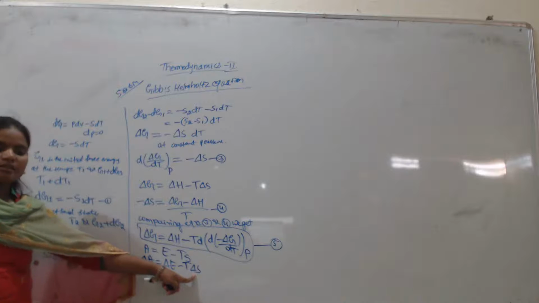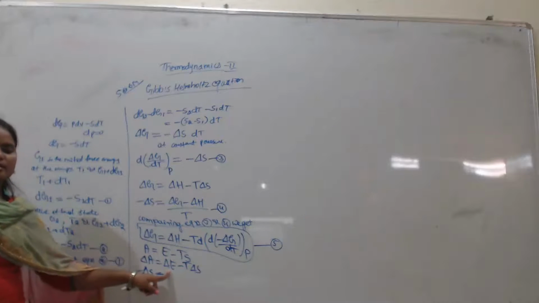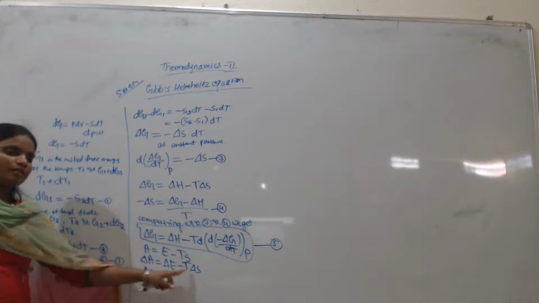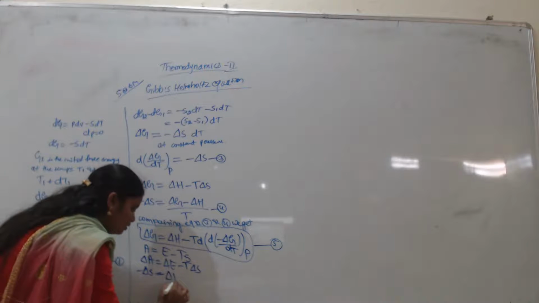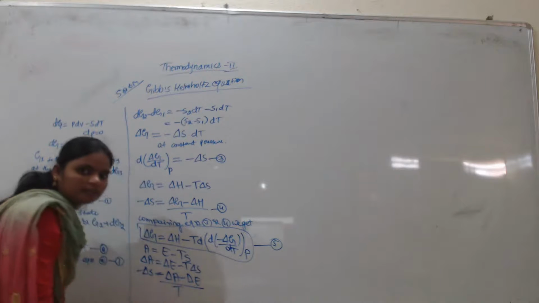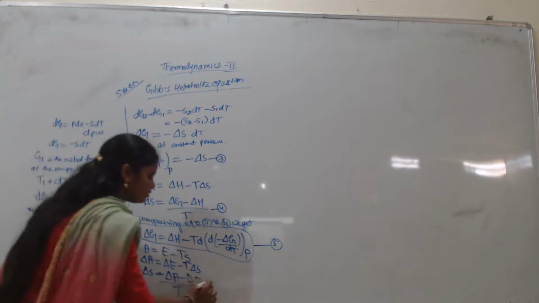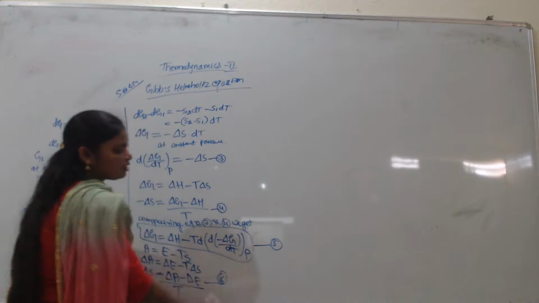Taking it outside, minus delta S is equal to delta A minus delta E divided by T. That is equation number 6. This one is equation number 5.